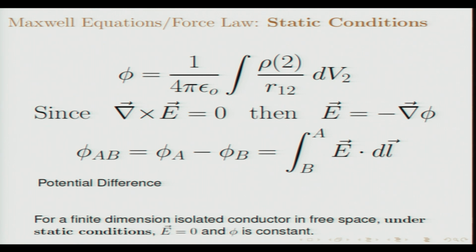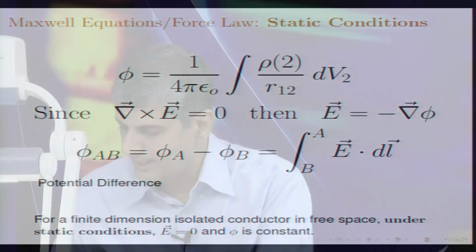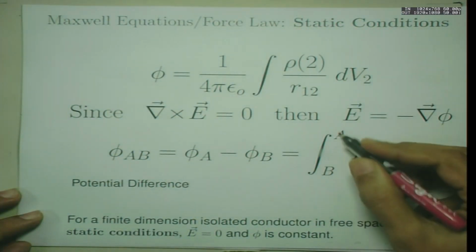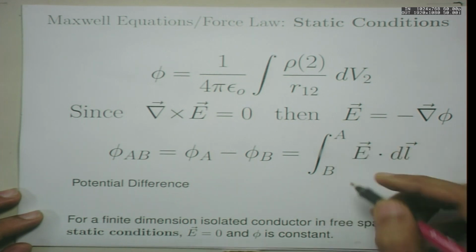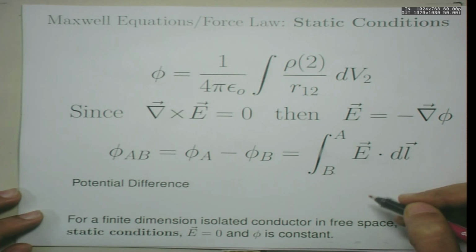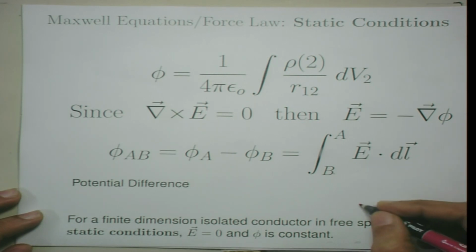Let me try to explain this again. The integration of E dot dl from A to B does not depend on the path which you follow. What do we mean by E dot dl?